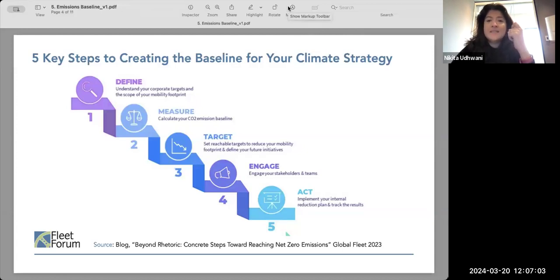Maybe you might see in your organization that there is already an ambition around the reduction of fleet emissions. So it starts with getting an overall view of what the targets in your organization are.